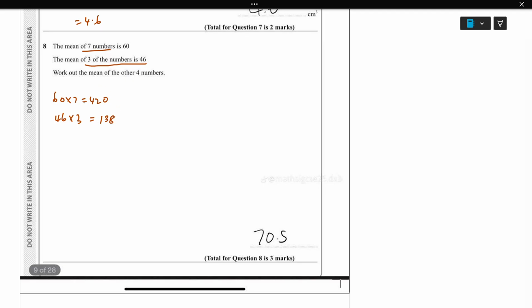So the remaining 4 numbers' sum is going to be 420 minus 138, which is 282. Now we need to find the mean of 4 numbers. So 282 by 4 equal to 70.5. That is the answer here.